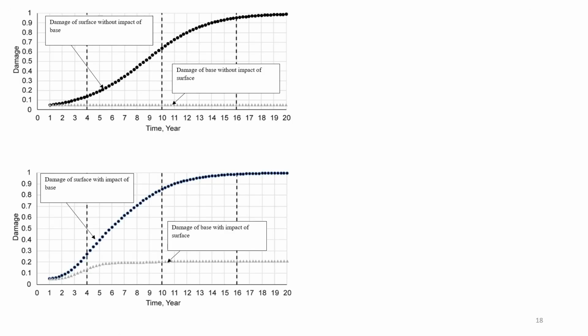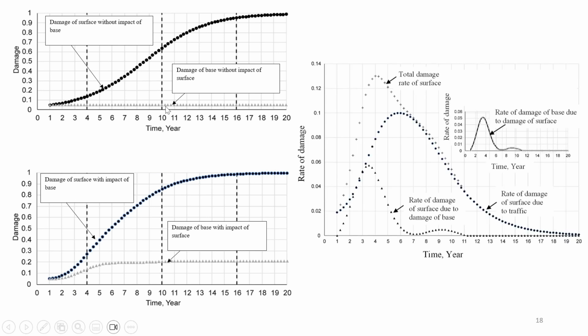What good does it do? Well, a lot. You can see here that if I look at the damage of the surface without the impact of the base, I have a pretty good 16 years until it reaches 1, right? And the base, we are thinking, is unaffected. But what happens if I consider the effect of the base on the surface and the surface on the base?